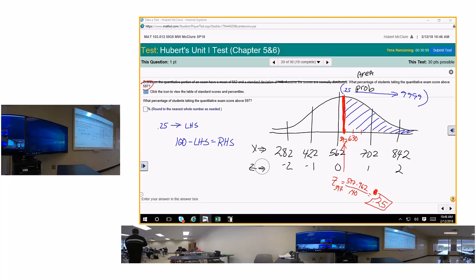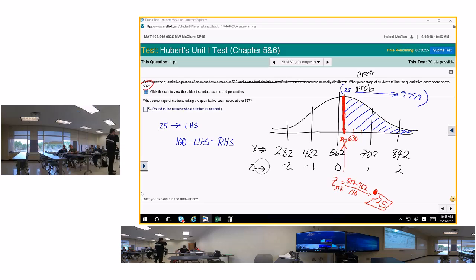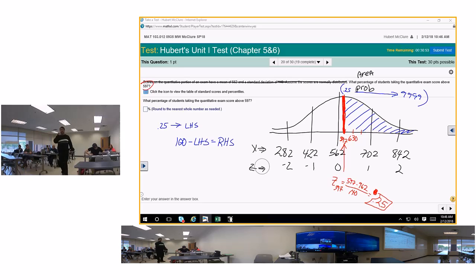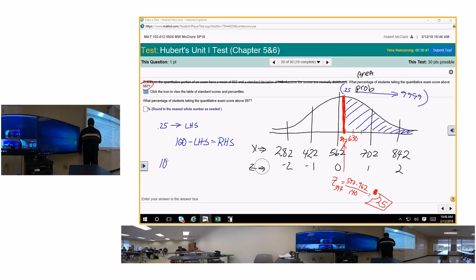What's on the table at 0.25? 59.87. Does everybody agree with that? So somebody take 100 in your calculator minus 59.87 and tell me what you get. 40.13.